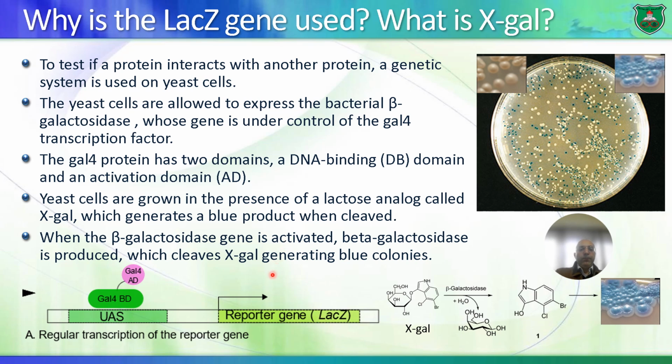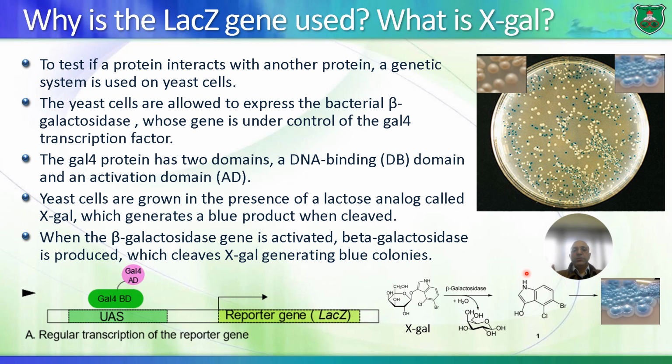So if LacZ is expressed, if beta-galactosidase protein is produced, then it can cleave lactose, except that we use a substrate that is similar to lactose, and it's called X-gal. So it looks like lactose, except that beta-galactosidase would cleave X-gal, producing this molecule right here, which gives a blue color. So the yeast cells become bluish.